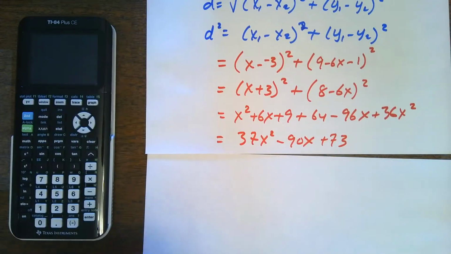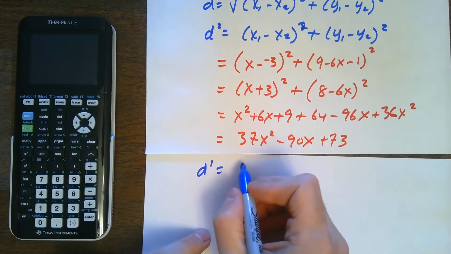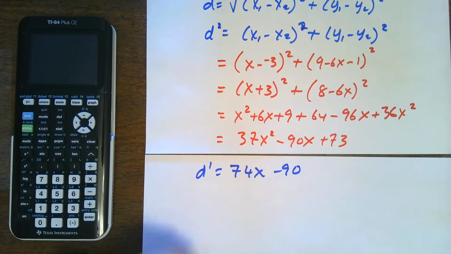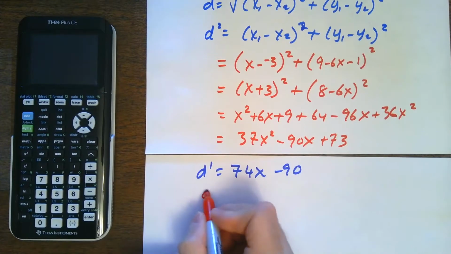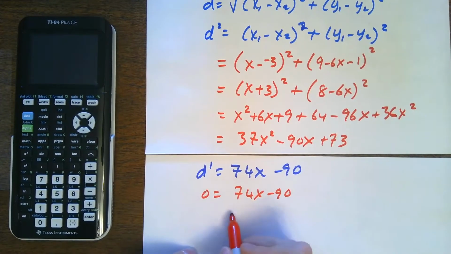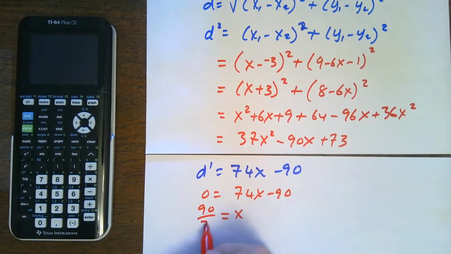So now we want to minimize this. We're going to take the derivative, and I get 74x minus 90. Set the derivative equal to 0. 74x minus 90 equals 0. Add 90 to both sides. Divide by 74: 90 over 74. So what does that represent?